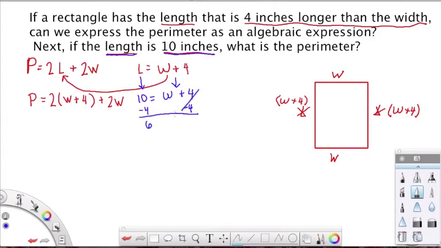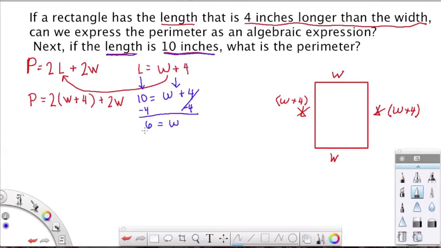These guys cancel each other out, and W is equal to 6. We can plug 6 back in and check. The length is equal to 6 plus 4, that's 10, and right here they told us 10. So since we know what W is, we can solve this entire expression.